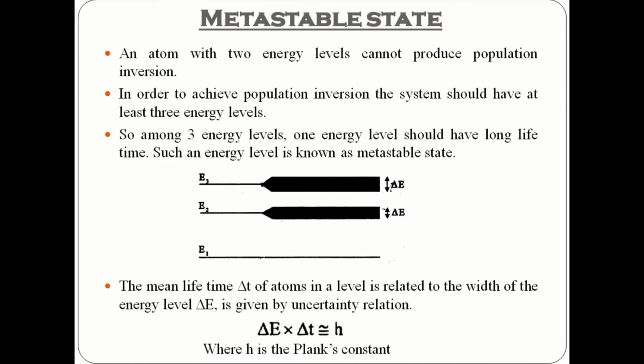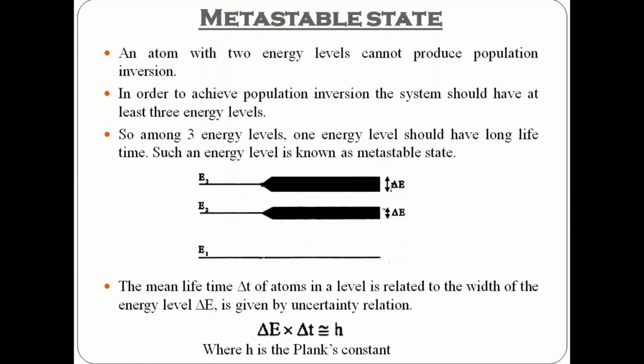Here comes the importance of the metastable state. Among the three energy levels, one energy level should have a longer lifetime. Such an energy level is known as a metastable state. So we have the ground state, the excited state, where atoms reside for 10 raised to minus 8 seconds, and the third state, the metastable or intermediate state.